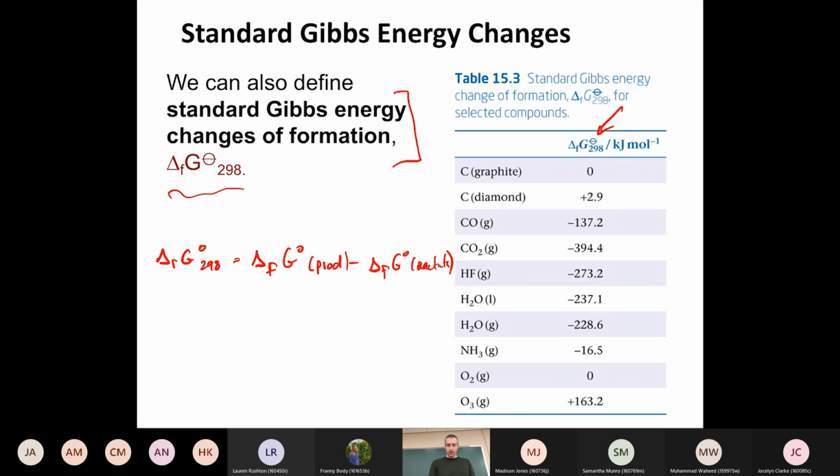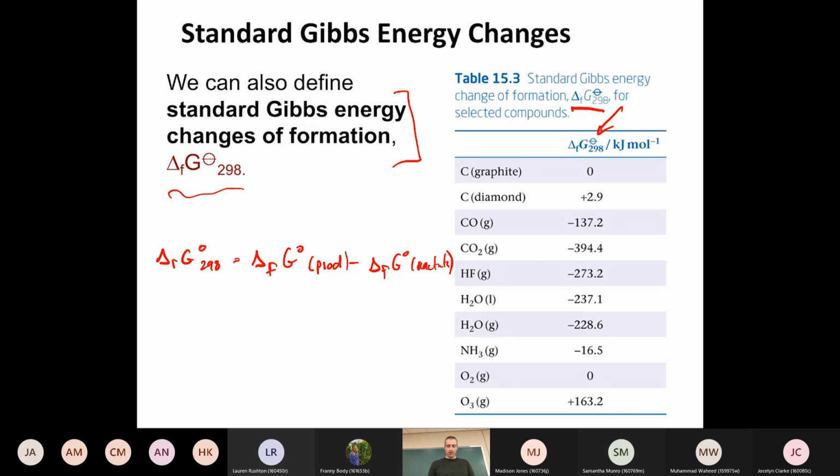Delta G's, though, change a crazy amount when you change the temperature because temperature is built into that equation you use to calculate delta G. So these values are only good at 298, and if you're at any other temperature, these delta G's of formation are totally useless. So you can calculate a delta G of a reaction if it's taking place at 298, but beyond that, there's no value in those numbers.